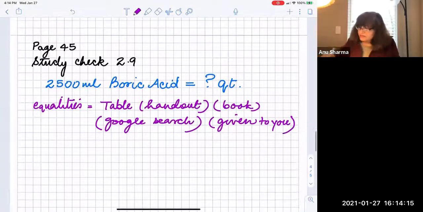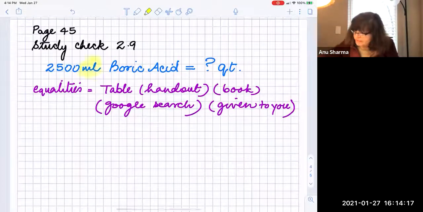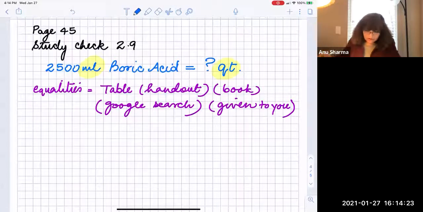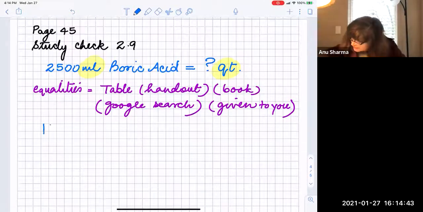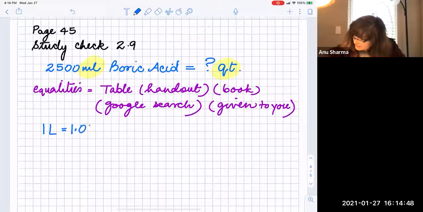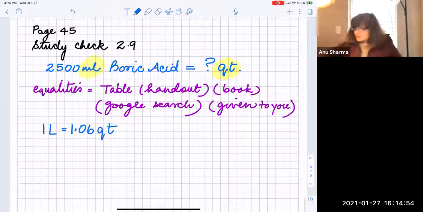Here we are looking at the units of milliliters and quarts. Is the relationship already known or not? Milliliters and quarts is in the table. 1 liter is equal to 1.06 quarts. This is known.